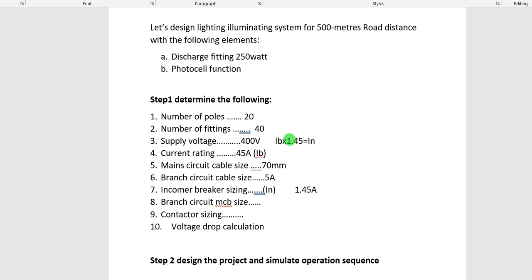This factor is set aside because sometimes this IN can withstand your IB in an instantaneous condition.